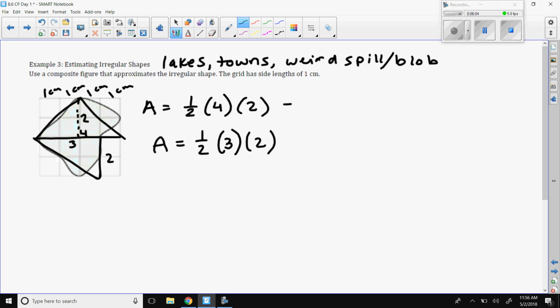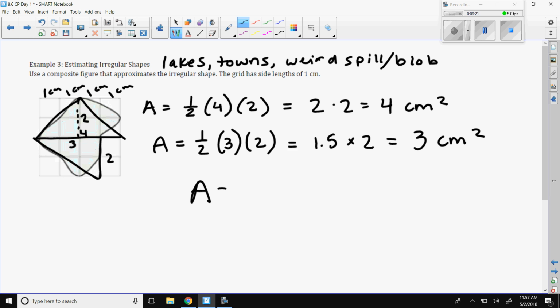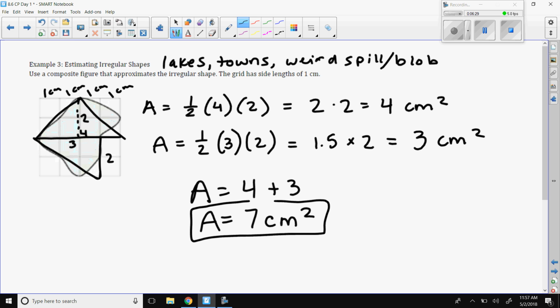So this is going to give me 2 times 2, which is 4 centimeters squared, and this is going to give me 1.5 times 2, which is going to give me 3 centimeters squared. So the area for this is going to be 4 plus 3, which is 7 centimeters squared.